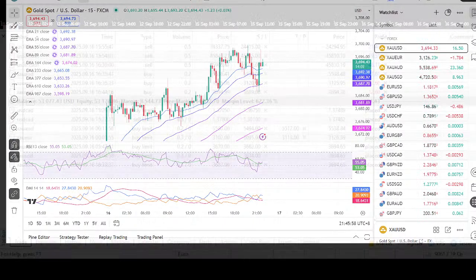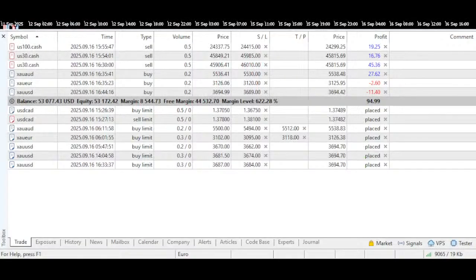Looking at the entry right now, the gold seems to be a bit mixed, and for the Dow we just need to give some more time to see whether it breaks the low. If it breaks, then we should be able to exit with a good profit.